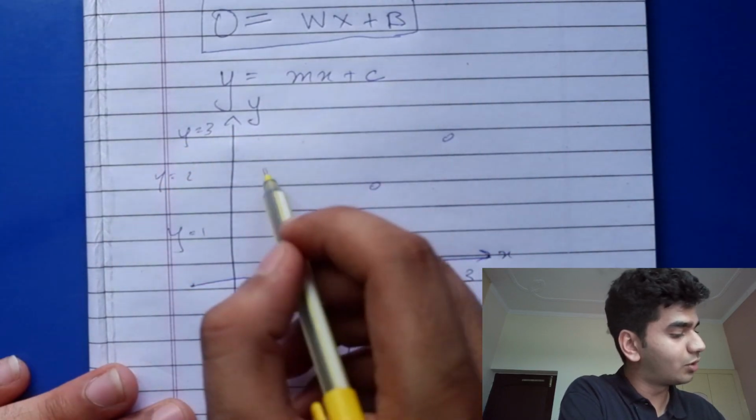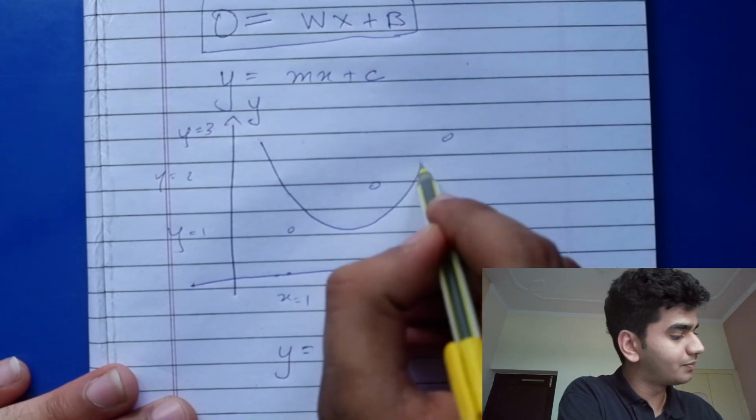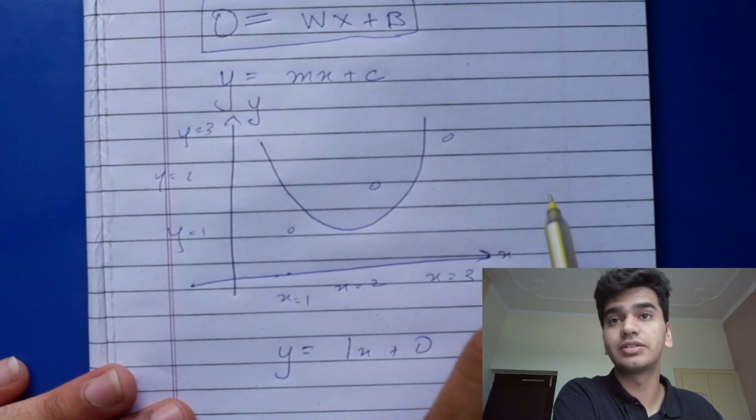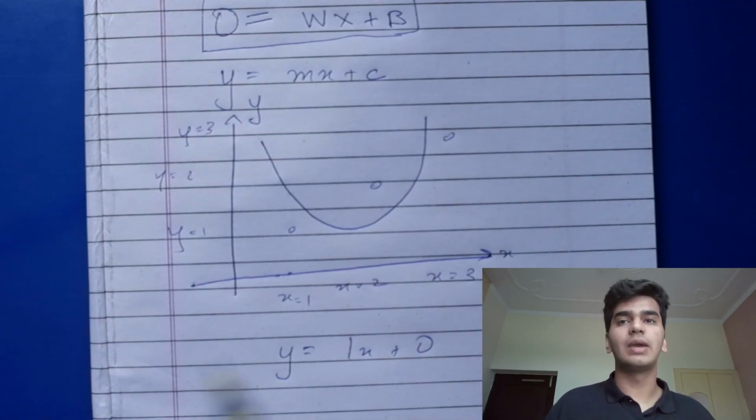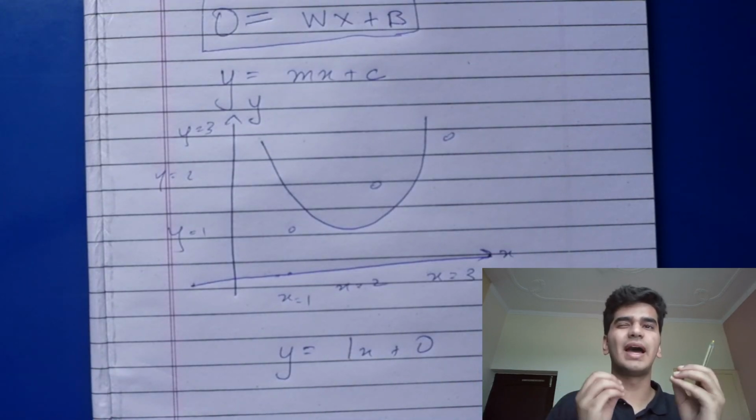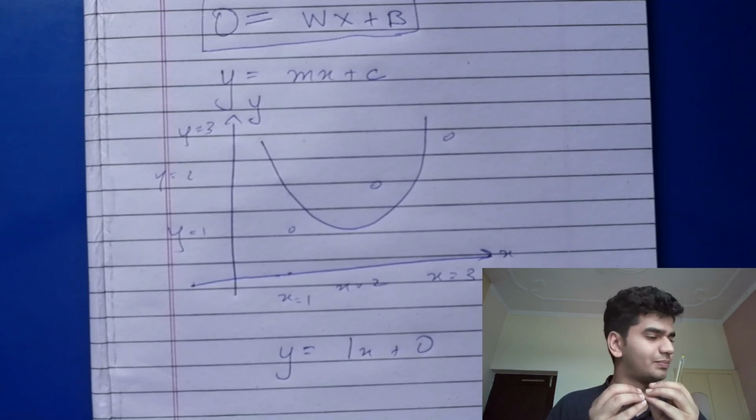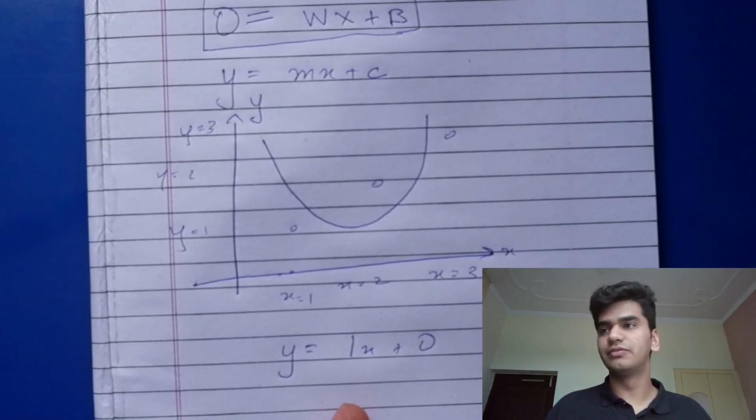A neuron will not be able to plot a quadratic function. Now, I will give you more intuition for the math of a neuron a little bit later. Let's move further.